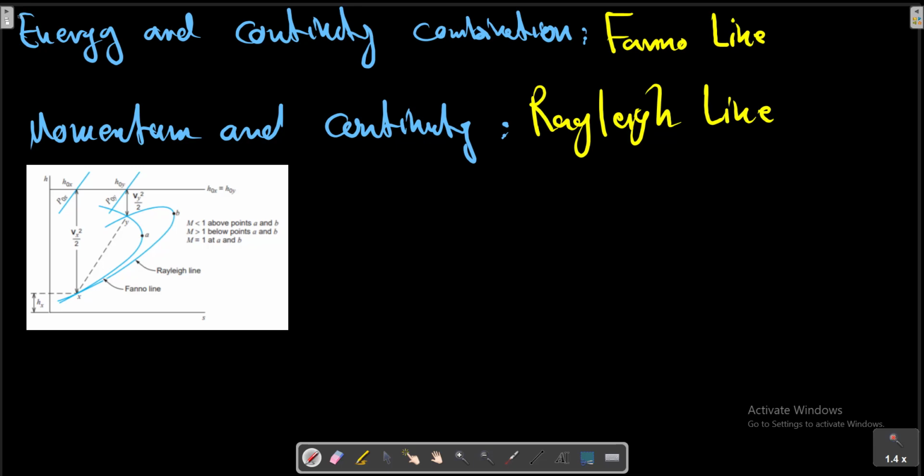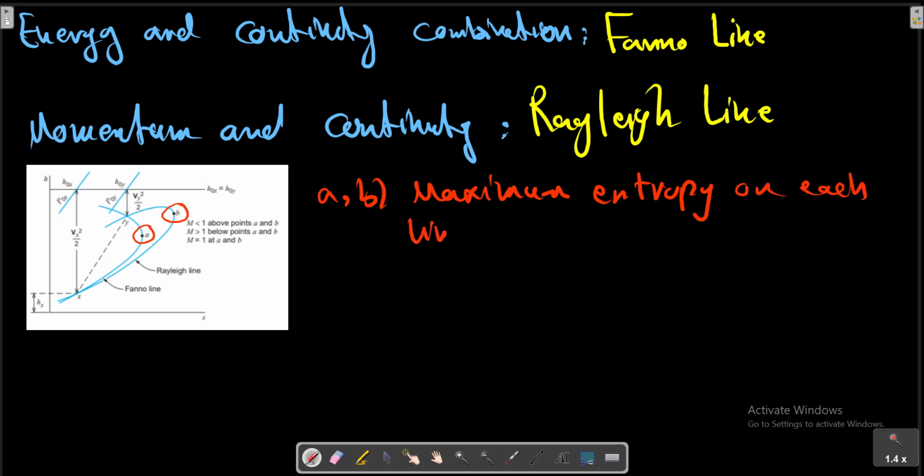It can be shown that the point of maximum entropy on each line, points A and B, corresponds to Mach equals 1.